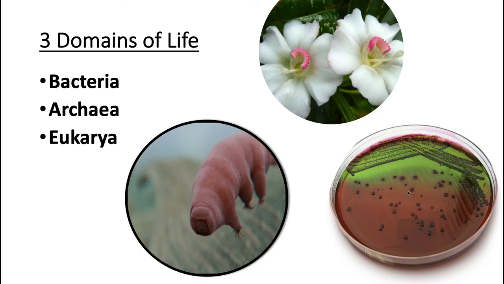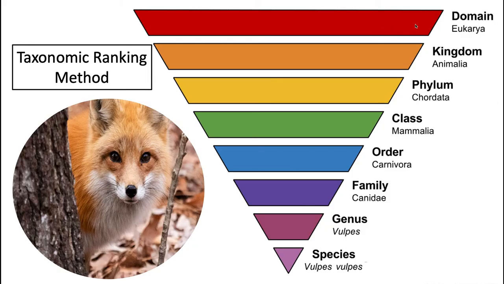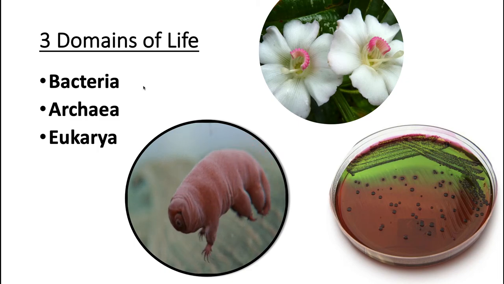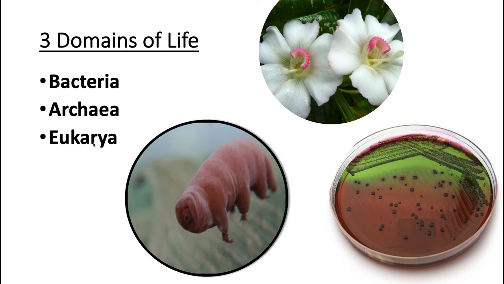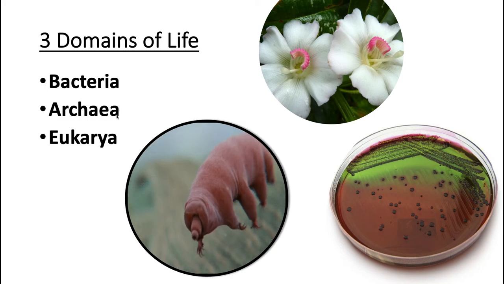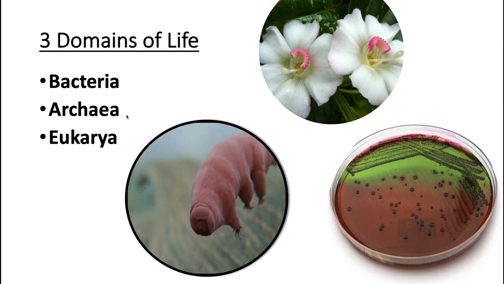Okay, so we have 3 domains of life that you need to know. If we go back to this page, domain is the highest ranking. It gets more specific as we go down, right? So 3 domains of life, we have bacteria, which are prokaryotes. We have eukarya, which are pretty much everything else. And then we have archaea, which are our very tough microorganisms that can survive pretty much anything.